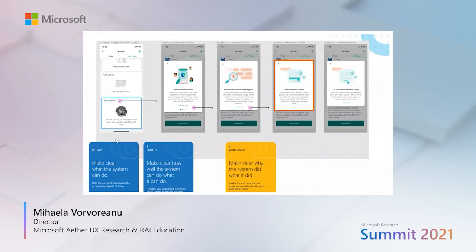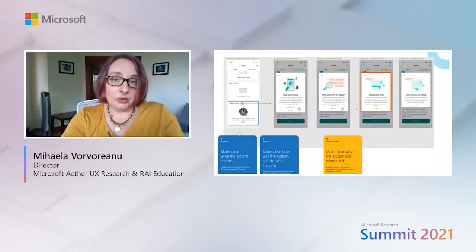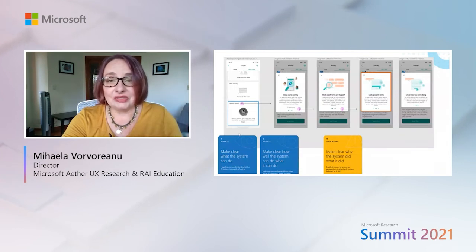And this shows that a parent can learn more about a search term if they don't immediately understand why it might have been flagged. Now, as you know, those of you who are parents, sometimes it is hard to understand the language and the terms that children or tweens or teenagers use. And so this lookup feature can help clarify things.